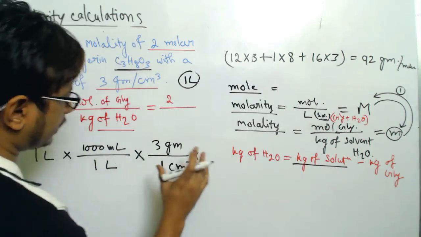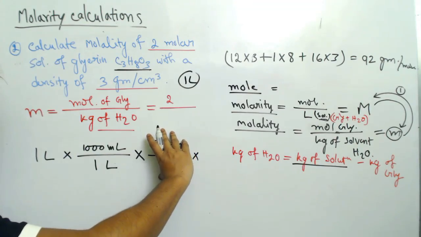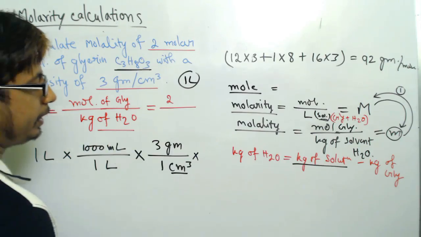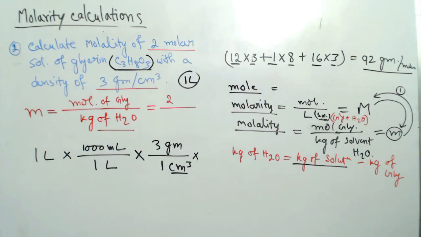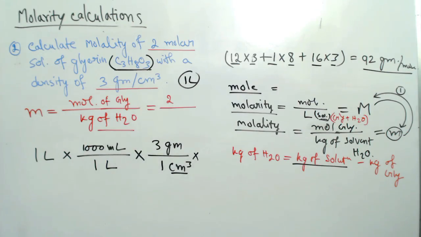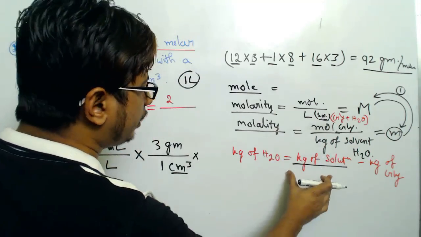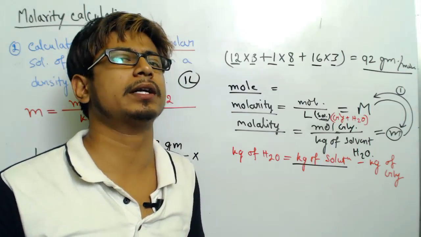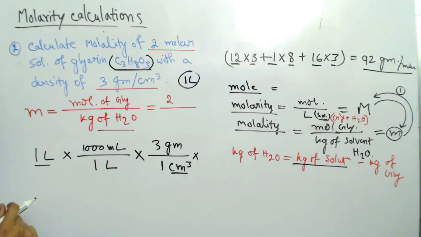So kilogram of solution, this is only about the dimensions, so the density of glycerin. Now, as we know the conversion of milliliters, and we also put the density in there, what we need to figure out is the kilogram of solution. We don't need to know the glycerin or water separately in this case, we just need to know the overall solution, which we assume is 1 liter.